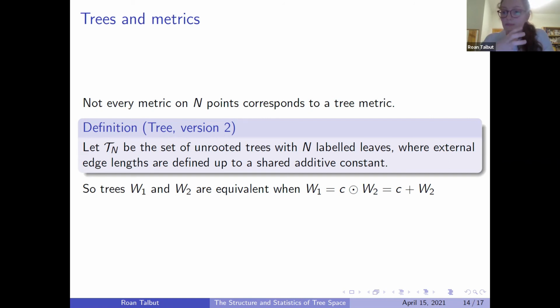So it doesn't matter if we just extend each of the external edges by 1, we consider that to be the same tree. And algebraically, this is equivalent to multiplying tropically our metrics by a constant, because multiplying is just adding, and we're just adding a constant to each distance.